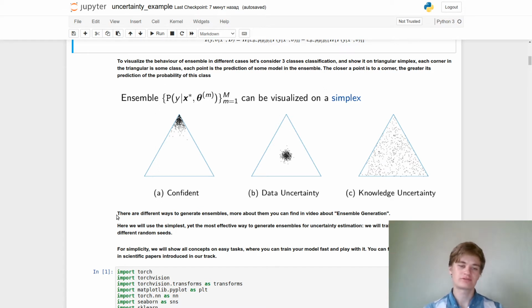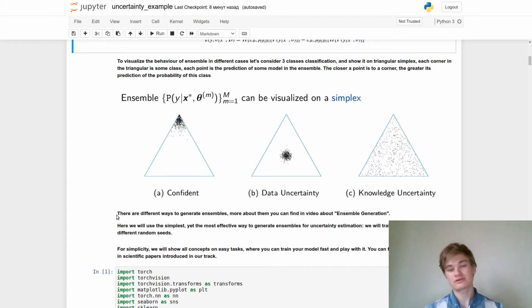You can do them through dropout or some sampling or some checkpoints, but the best technique to generate ensembles is also the simplest: to choose different random inits and train your models with different random inits and obtain an ensemble.